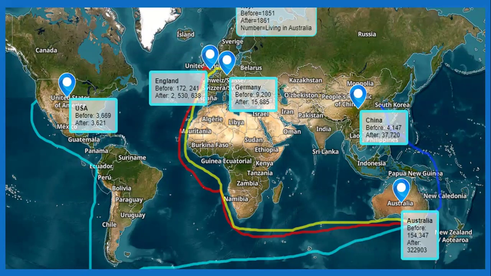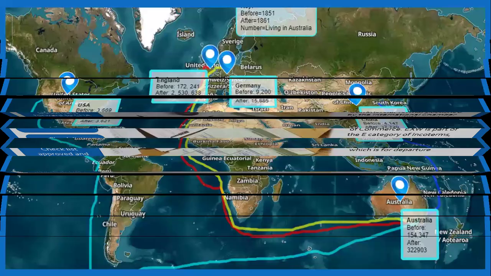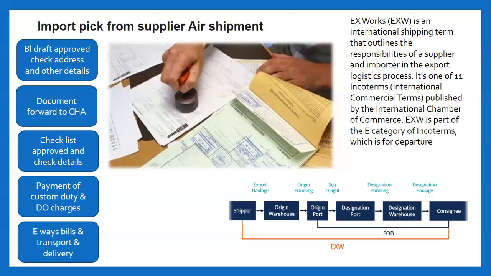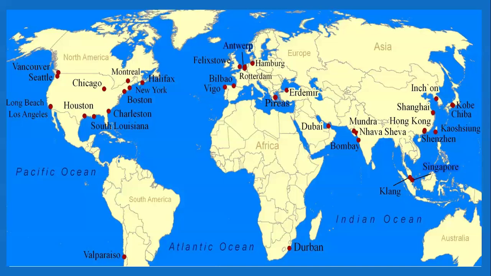This is a case in which we are importing goods from overseas by air shipment, just like here from Germany, importing machinery parts to India. Our factory is in Gujarat, so the shipment will come this way.